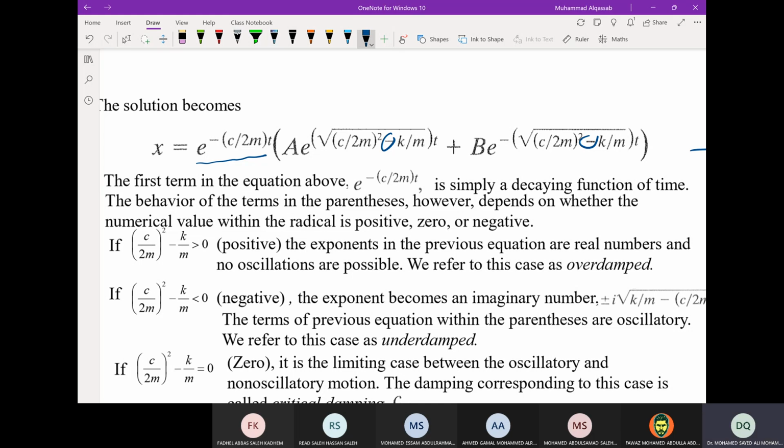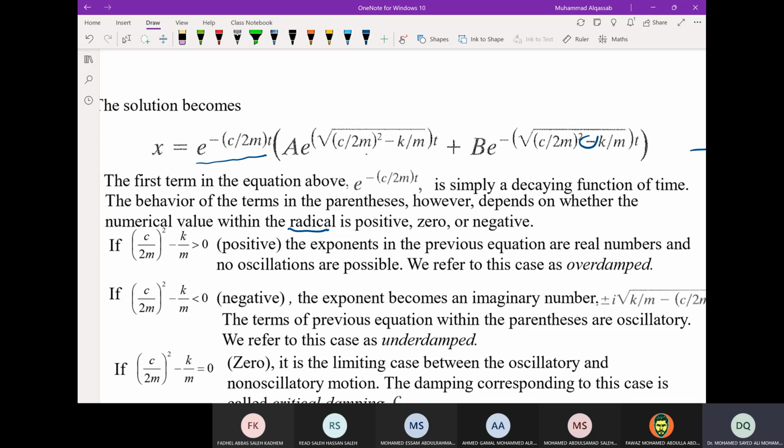If this were a plus, there would be only one possibility. But because it is minus, the value inside the square root, which is called the radical, can be positive, negative, or zero because of the subtraction.